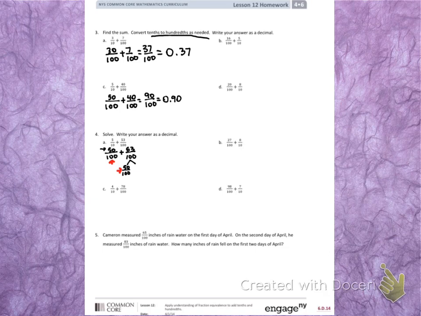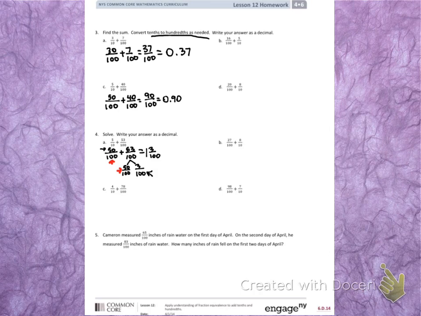So I'm just doing a little number bond, breaking this down. So 50 hundredths and 50 hundredths added together makes 100 100ths, which is 1. And we're left with this one right here, which is 3 100ths. And that is how I'm going to add these fractions, by breaking it down and trying to make groups of ones.